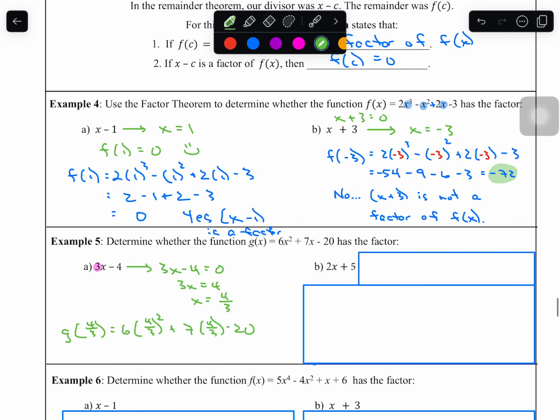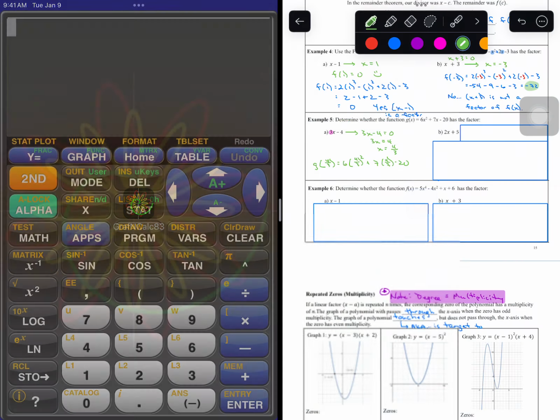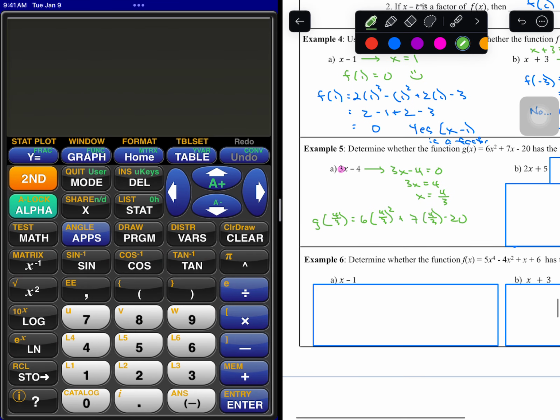So let me pull up my calculator here. And I'm just going to plug those values in. So 6 times, remember we enter fractions into our calculator by hugging them. So 4 divided by 3 squared plus 7 parentheses 4 divided by 3 minus 20.